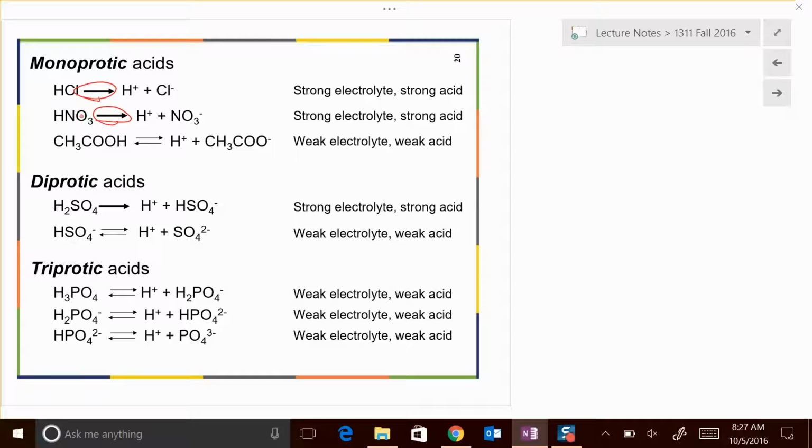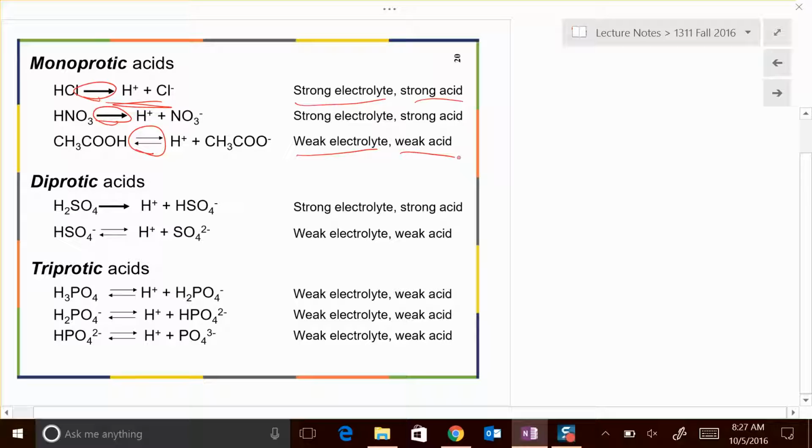But then when you see acetic acid, you'll notice that the acidic hydrogen comes on and off, on and off. So this is a weak acid or a weak electrolyte. That's how you identify weak and strong acids, as to whether they are weak or strong electrolytes. If it's a strong electrolyte, that means dissociation is 100%, therefore strong electrolyte, strong acid. Weak electrolytes, weak acids.